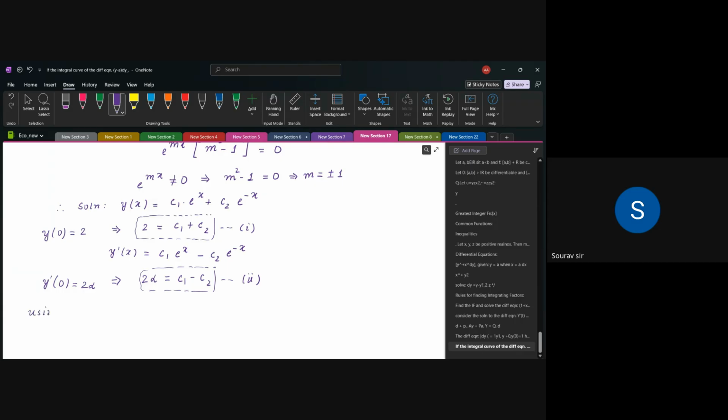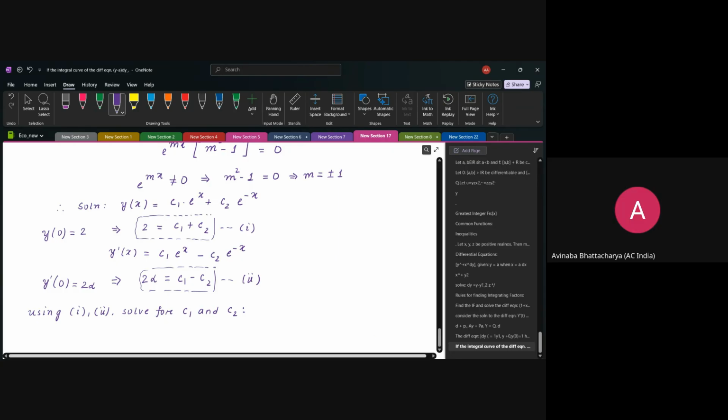So can anyone quickly solve it and tell me what you are getting? One plus alpha and one minus alpha. C1 is 1 plus alpha, right? Yes.